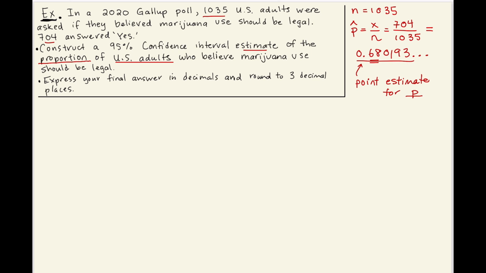Okay, so the first thing I'm going to do, and I'm just going to do this verbally, is before I jump into the formulas for the confidence interval, I just want to quickly do a verbal check of the requirements and make sure that they're met. So first of all, this was a Gallup poll, so I can assume this is a random sample. I can check that the conditions are met, that NP is greater than or equal to 10, and NQ is also greater than or equal to 10.